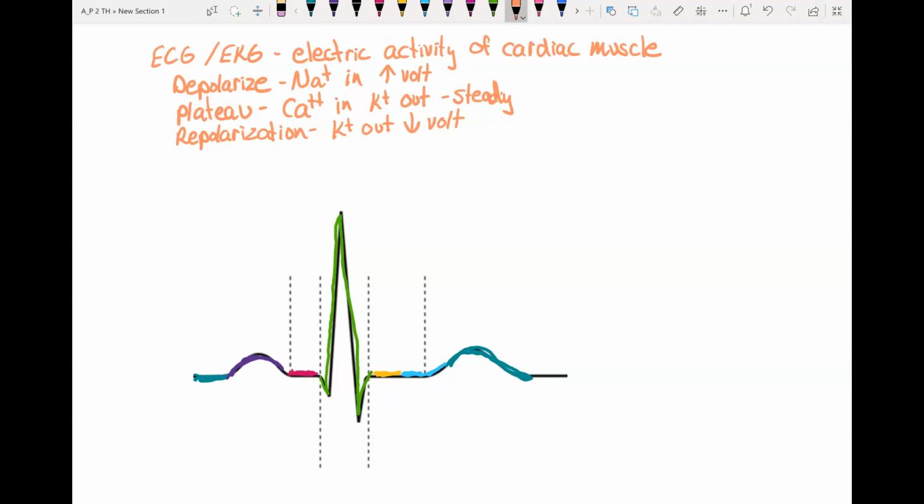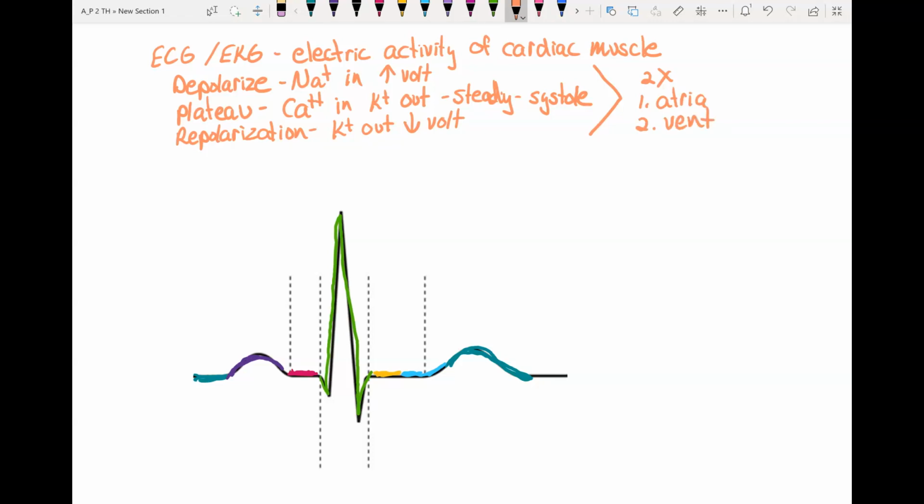Remember, during plateau is when you have systole. Muscle contracts during plateau. And remember that the heartbeat occurs in 2 steps. So you're going to do this twice. First for the atria, second for the ventricles.